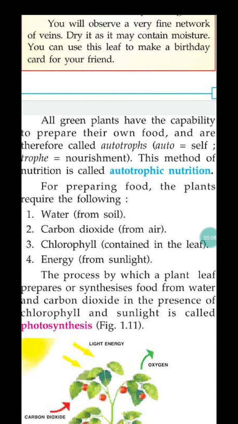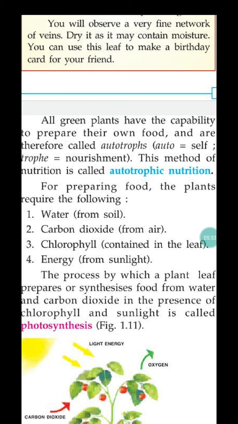On a cloudy day, plants cannot perform photosynthesis. Why? Because there is no sunlight, isn't it? You might have seen most of the times your mother wanted to grow a plant. If the plant is kept in a shade, it cannot grow properly.